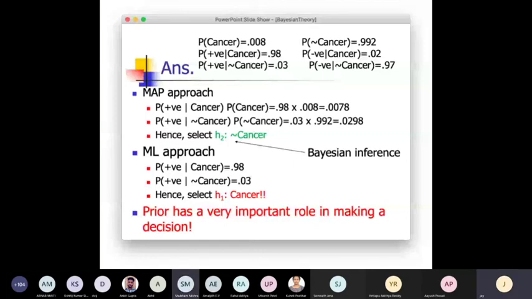Abhishek Srivastav, can you tell me, is the posterior computed? Abhishek, are you here? Maybe Ayon, are you here? Ayon Chakraborty?